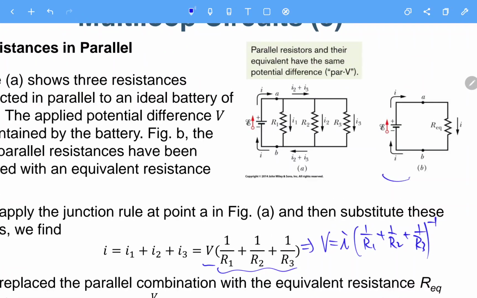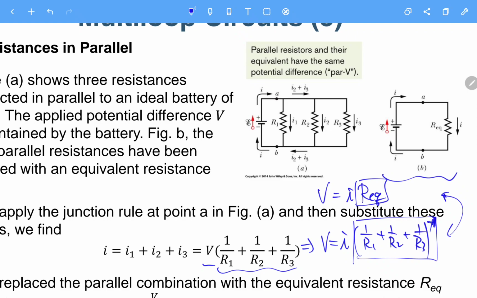So for this one, this is the equivalent one. We will have V equals I times R equivalent. Comparing these two, because we want these two circuits to be equivalent to each other, when we have the same E, it should have the same I. So V and I should be the same, which means this part should be the same as this part.